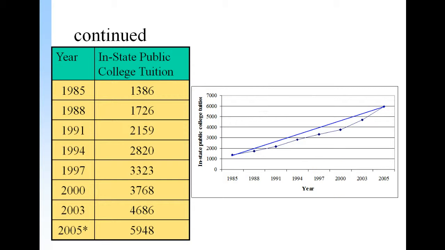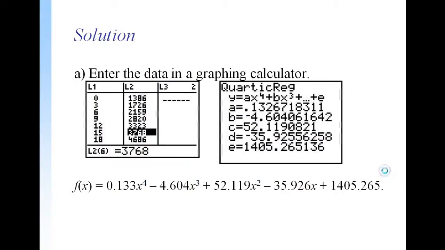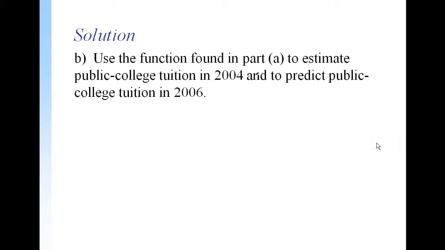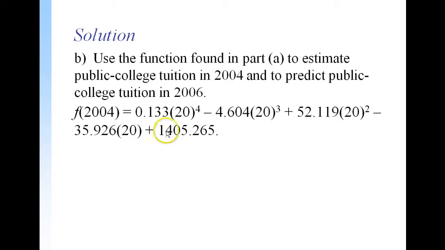And you could actually do that using your calculator. And again, we're not going to do that. The numbers get to be quite tedious. So predicting public tuition, it would be about this in 2006. But again, I don't believe that they're going to have you do any of this difficult at this stage.